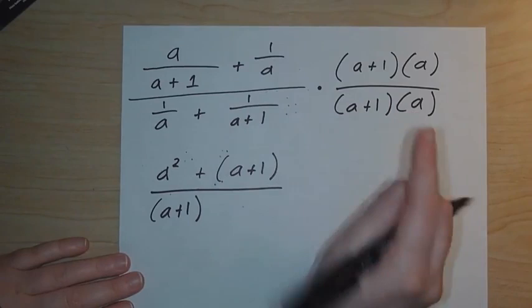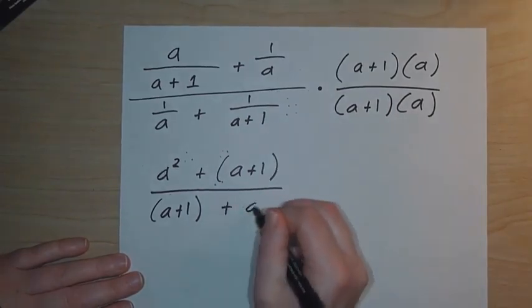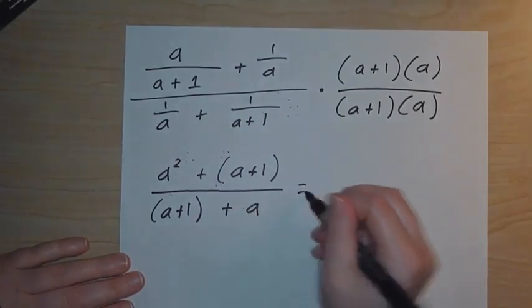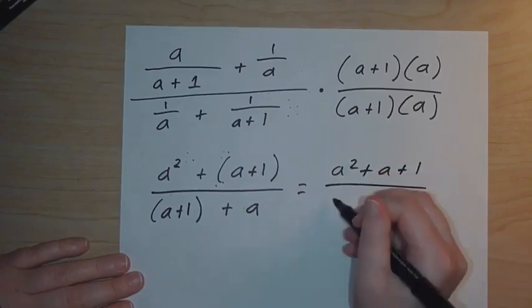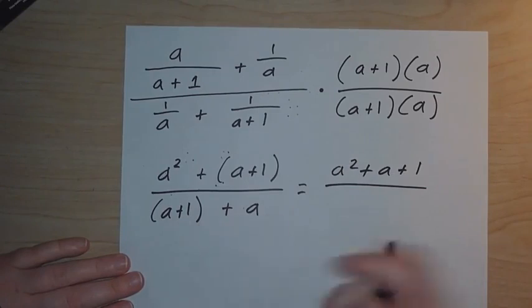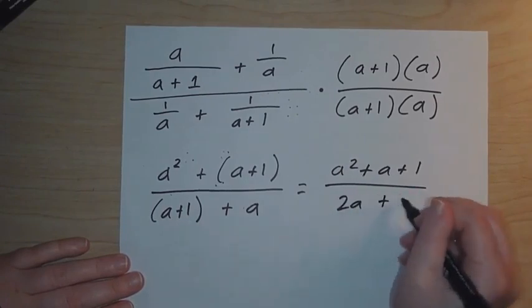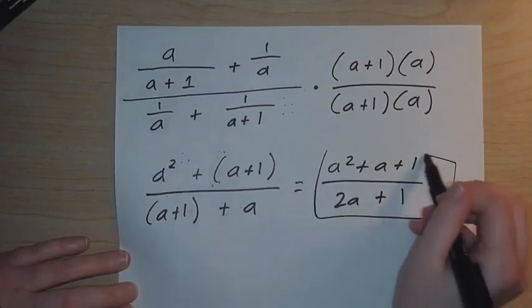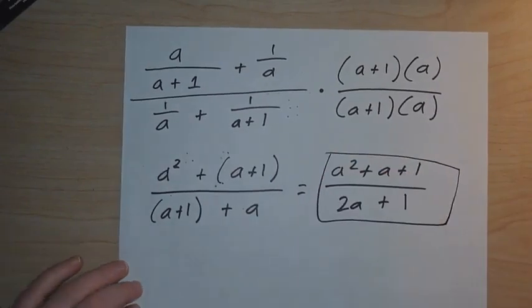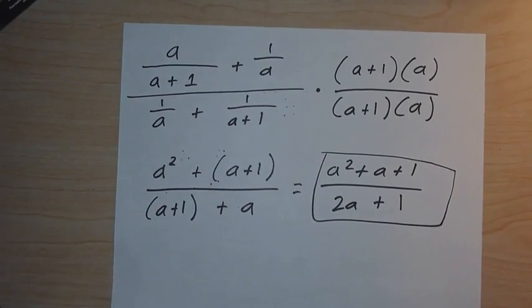We have 1 times a, so this is plus a. So this is a squared plus a plus 1 over a plus 1 plus a, so 2a plus 1. So that's how you simplify a complex fraction, and that will do it for rational expressions.